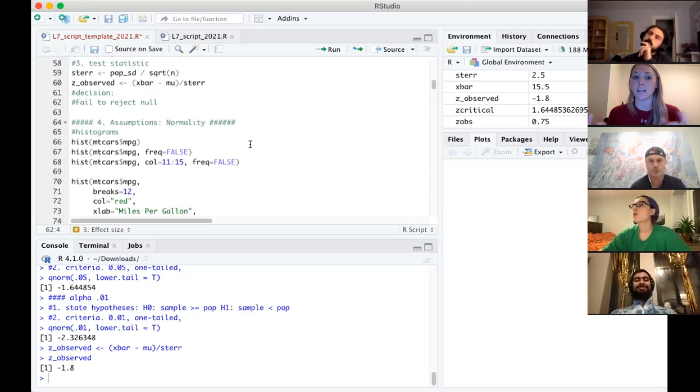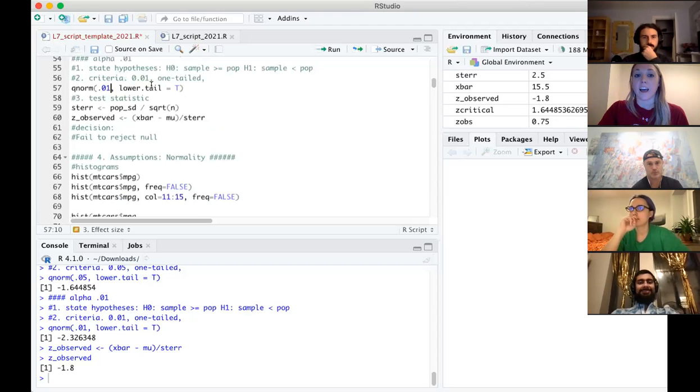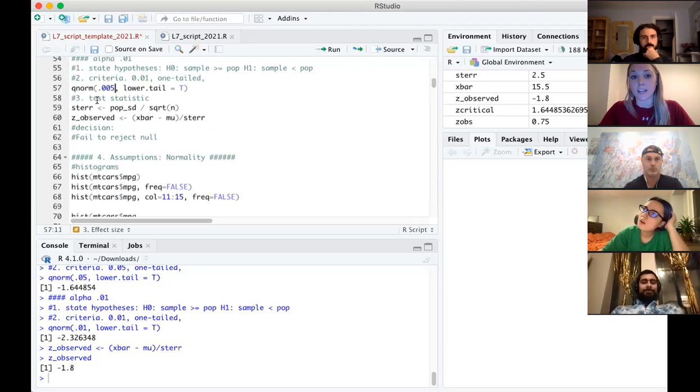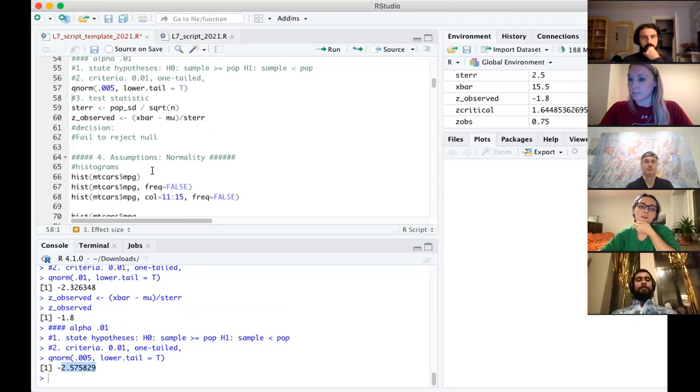If these were two-tailed tests, that makes it even more difficult to reject the null, right? Because a two-tailed test splits your alpha. So if this was 0.01 and it was a two-tailed test, really this qnorm would use 0.005, because we would divide it by 2. And this would be our critical value. Does that make sense?